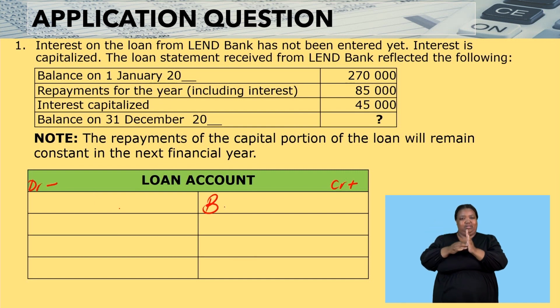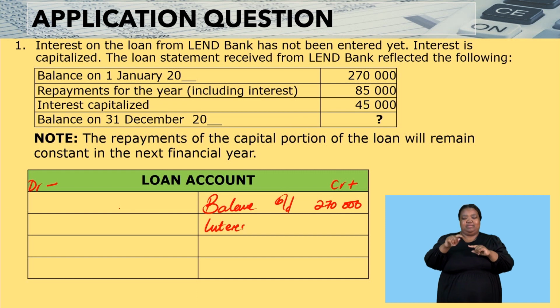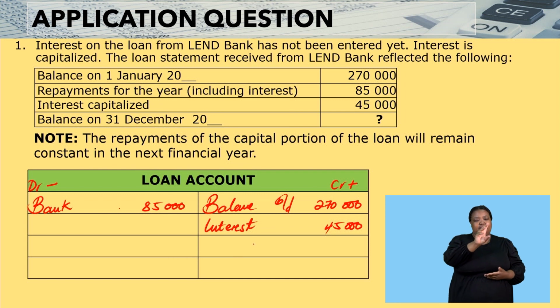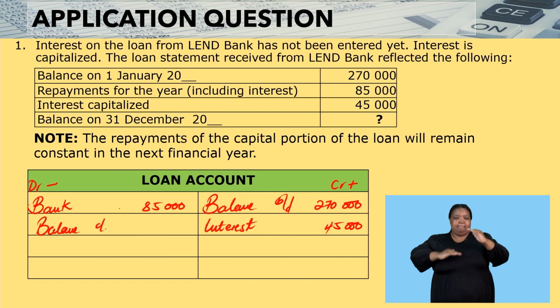So I'll bring my balance here, and I have my balance brought down, which is 270,000. And I have interest capitalized. Once I'm told that interest is capitalized, I'll bring it to the credit side, 45,000. My repayments for the year, that is bank, 85,000, will come to the debit side. So these are my repayments. What I need to get now is my balance carried down.